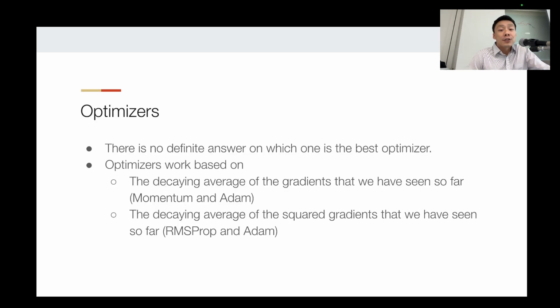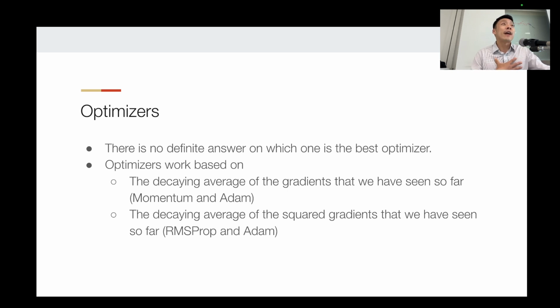There's no definite answer on which one is actually the best. There are a lot more optimizers actually. If you ask ChatGPT, it will give you AdamW, it will give you AdaBoost, it will give you AdaGrad, and many other optimizers. A good thing about this is that there's no definite answer on what's the best one.